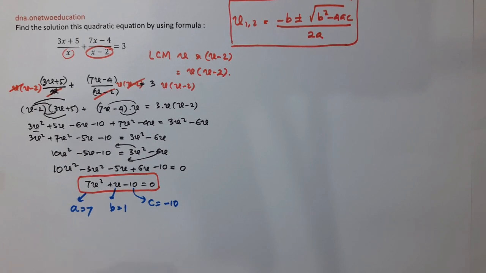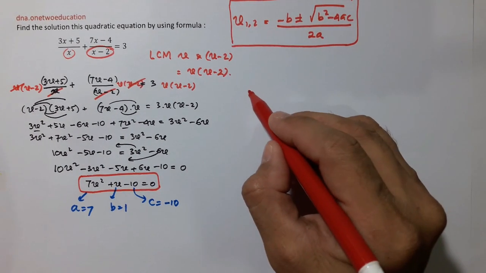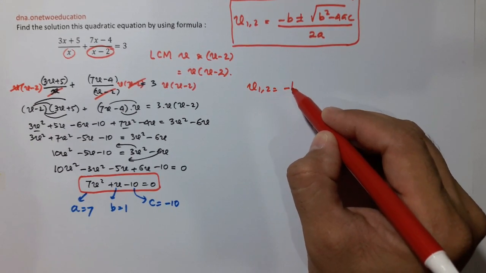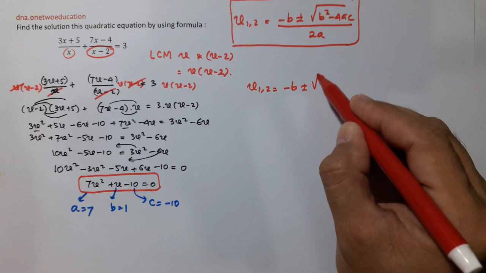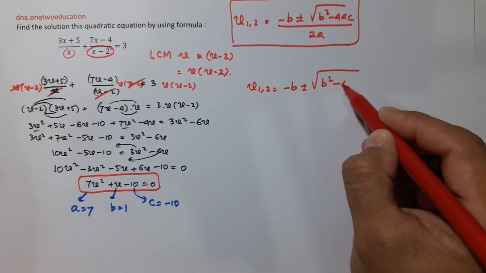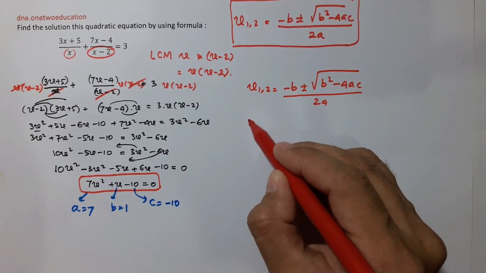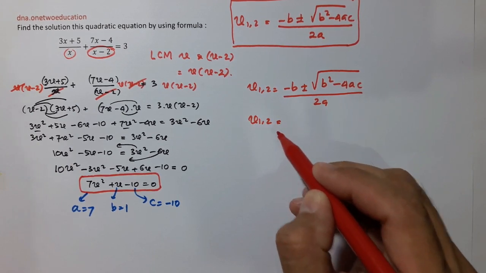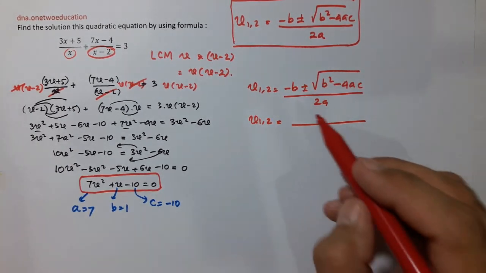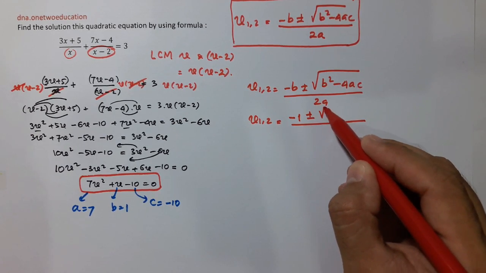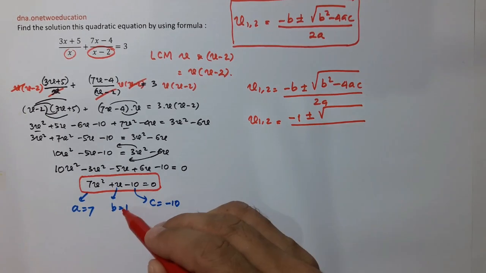I want to write it in red color. So x1,2 equals minus b plus minus root of b squared minus 4ac over 2a. So x1,2 equals minus b, minus 1, plus minus root of b squared, b is 1, right?